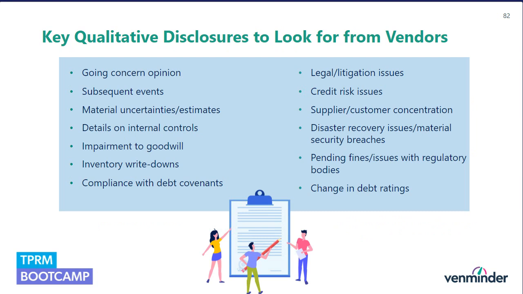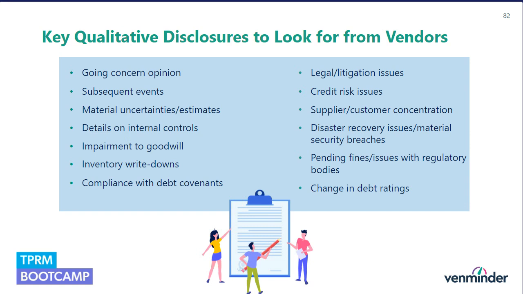So here's a quick list of qualitative disclosures to look for from vendors. A going concern opinion, as I mentioned, is going to be available when you have an audited set of financial statements. Subsequent events are critical because they can show some things that have happened after an audit has been completed. And things like uncertainties or estimates can expose any sort of material judgment that has been made when creating certain financial metrics and financial ratios shown in the company's financial profile and key statements.